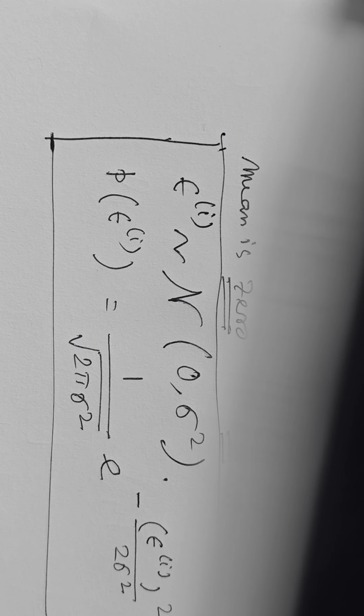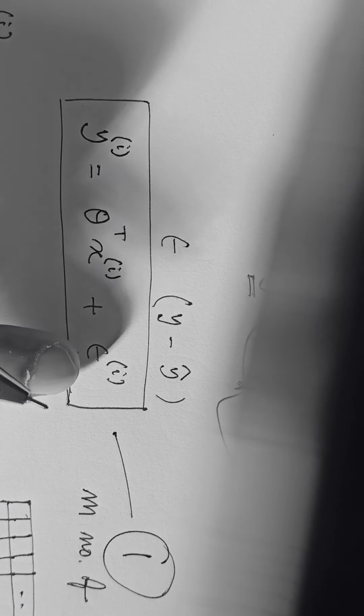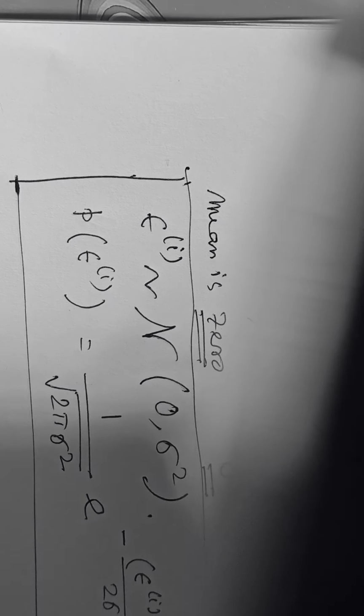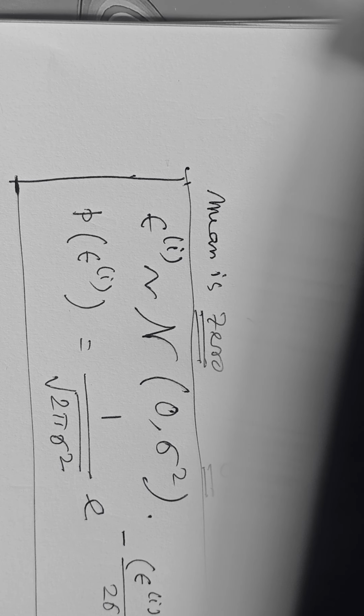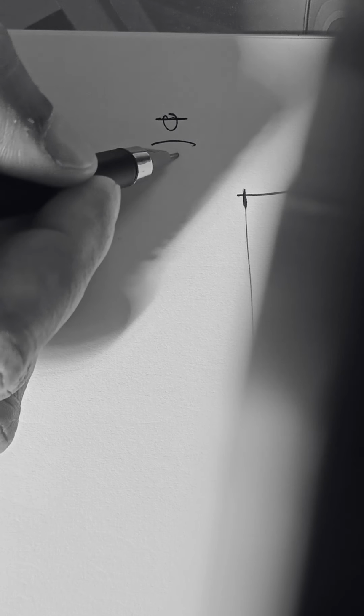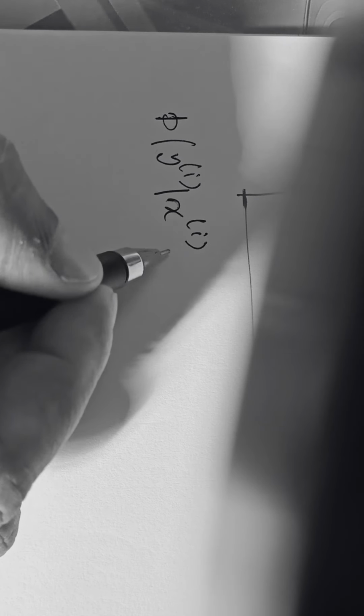Now we know that epsilon equals y minus theta transpose x, from equation 1. If we replace this in equation 2, we will get the probability of getting y for a given x parameterized on theta.